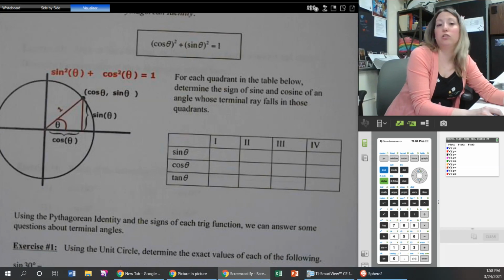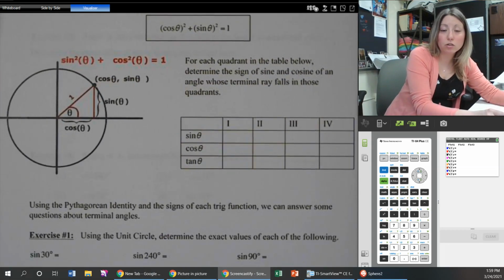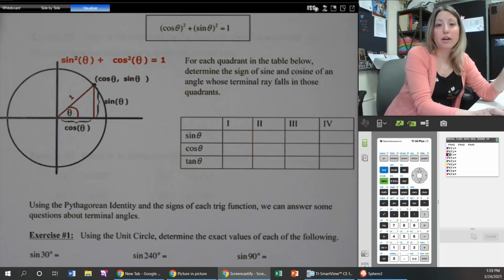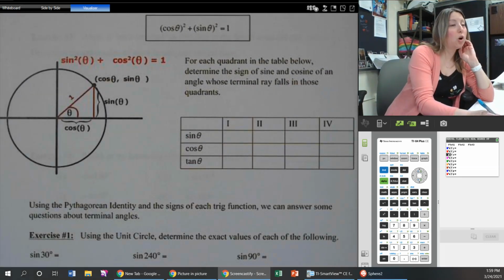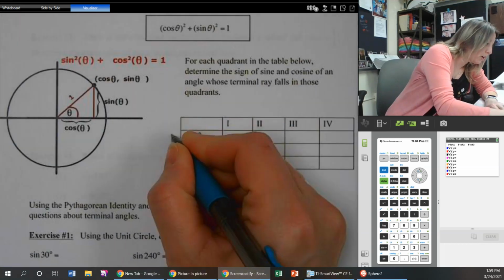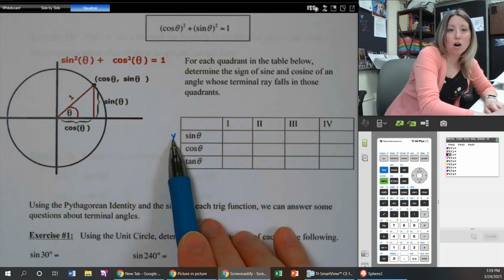What we're going to do, real quick, is we're just going to determine the sign of each of our ratios in each of the quadrants real quick, okay? So let's consider it this way. Sine, remember, is y. Cosine, remember, is x. So where are our y values positive?